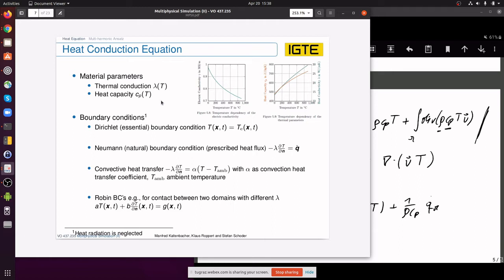So if you know the temperature dependency of the thermal conductivity, then you can approximate the electric conductivity by multiplying this behavior with, I think it's called the Wiedemann factor or something like that, but it's material dependent. So this factor you have to know, or of course you measure both quantities temperature dependent.